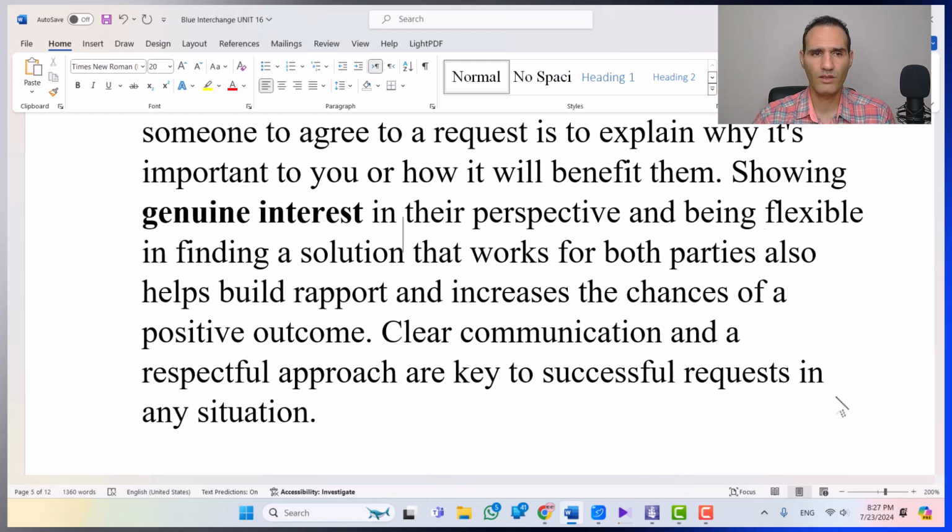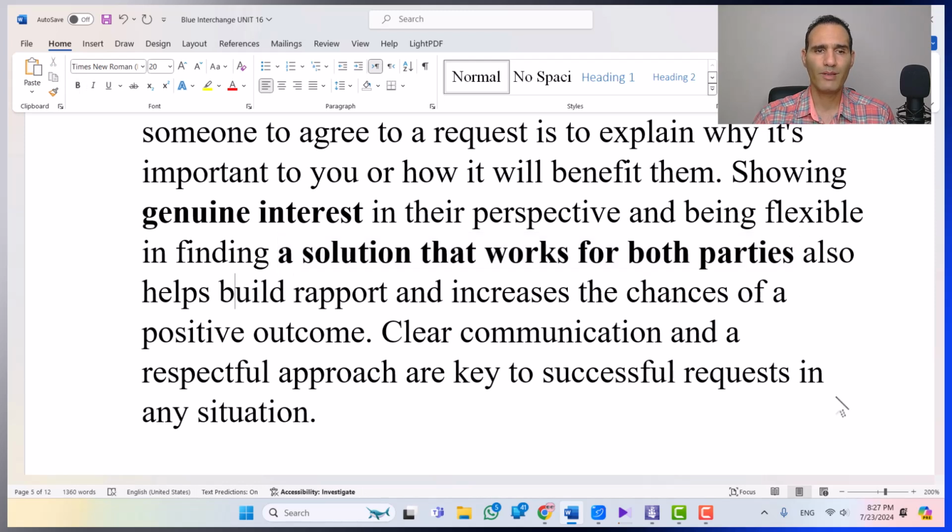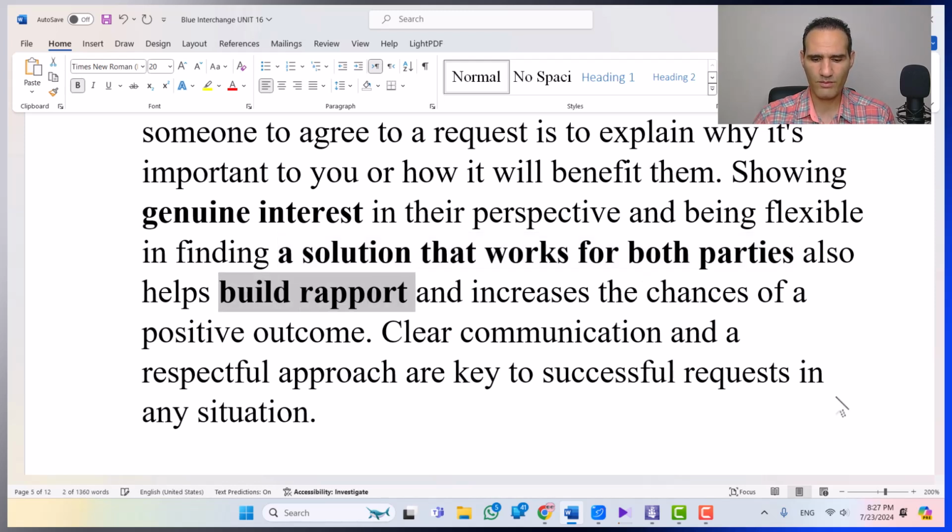That was beautiful. Find a solution that works for both parties. It is beautiful. Build rapport. This one is beautiful. And increases the chances of positive outcome. Also, this one is beautiful. So I should make all the parts bold because all of that is beautiful.